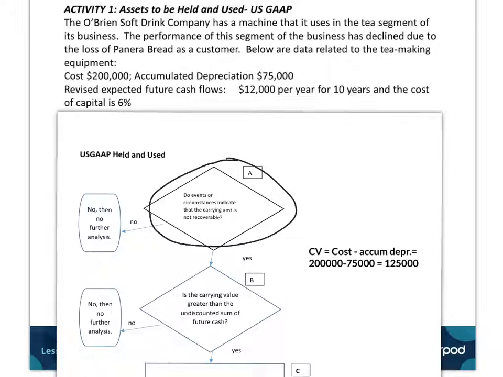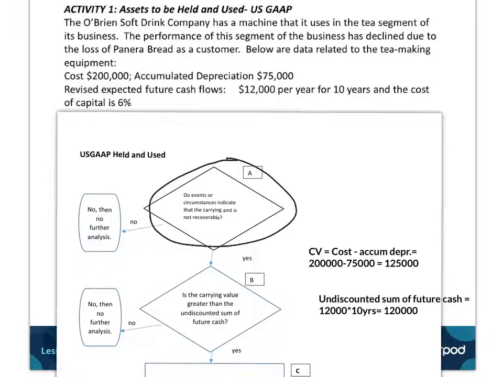So the undiscounted sum of future cash equals 12,000 times 10 years equals 120,000.